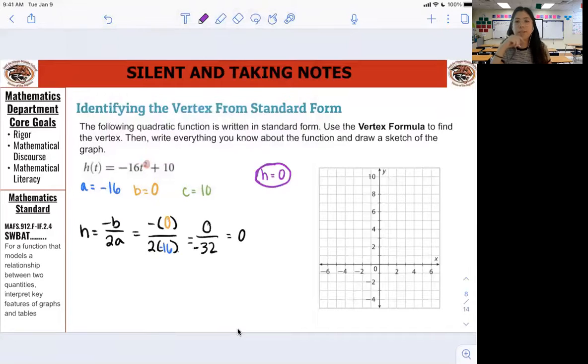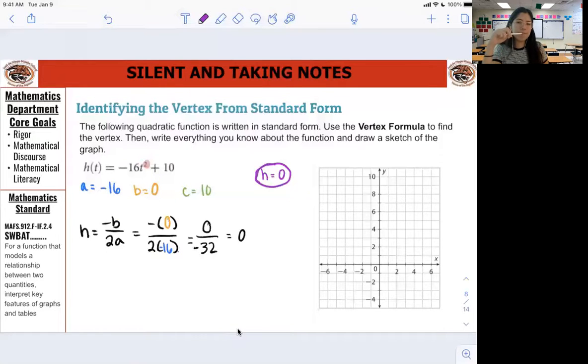Miss, what should I do next? Well, you have to find the vertex form. I used the vertex formula already, but now that I have the value of h, what do I do with it?